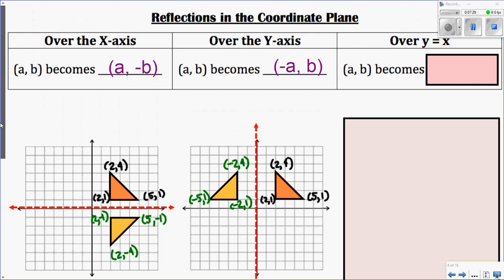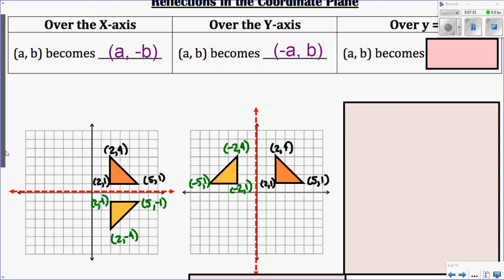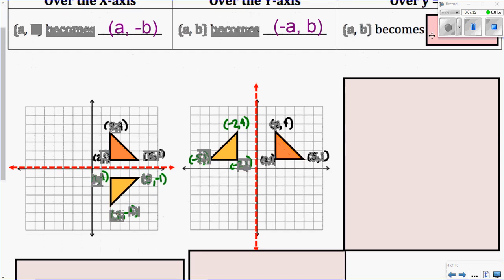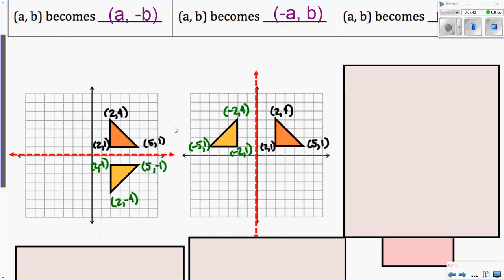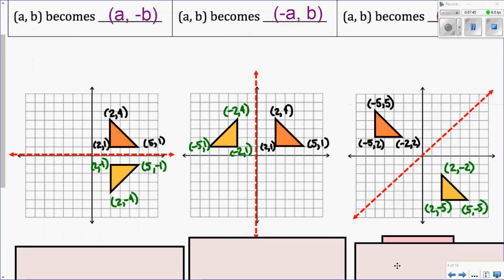And if you're reflecting over y equals x, it's basically that diagonal line, so your (a, b) will be flipped, it will be (b, a). To show that on the graph, this is your line, y equals x. This is your original image.